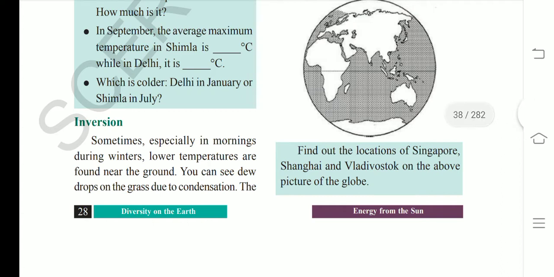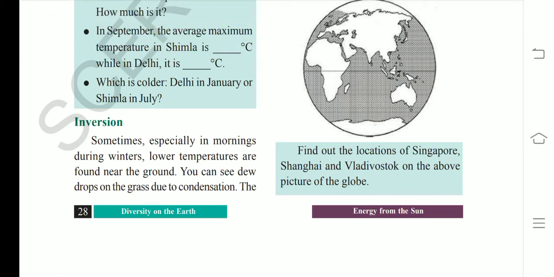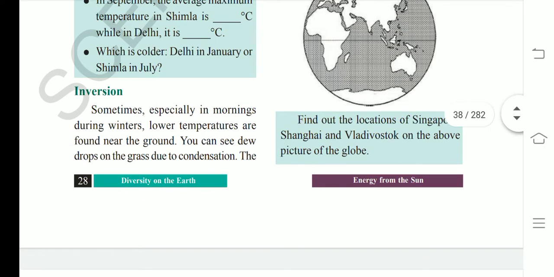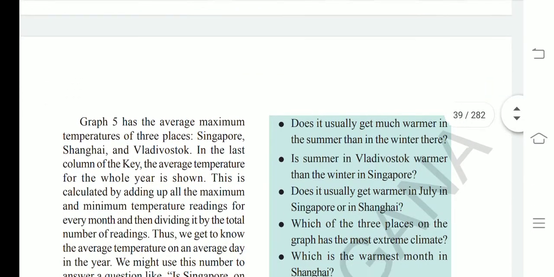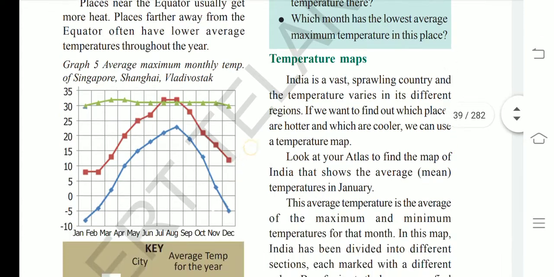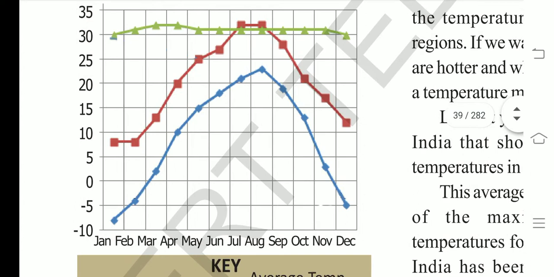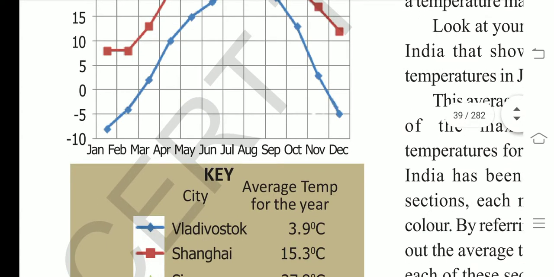So moving from lower latitudes to higher latitudes, there is a gradual decline in temperature. How does the temperature decrease? Let us see, taking the example of Singapore, Shanghai, and Vladivostok. These are the three places which will tell us instantly. Graph 5 is given here. Look, my dear students, this graph shows temperatures at three places.